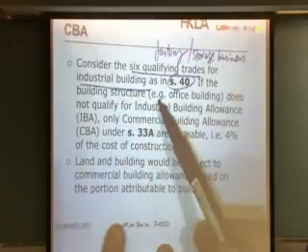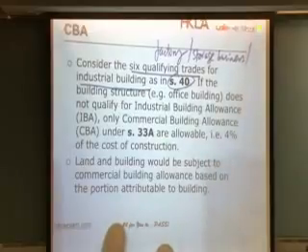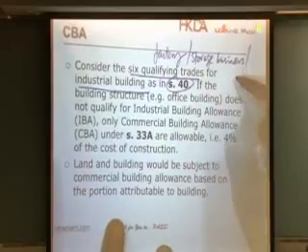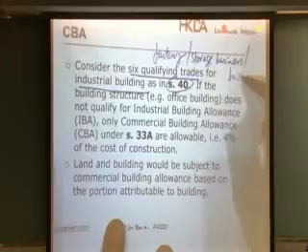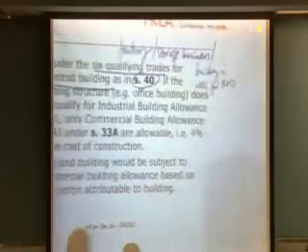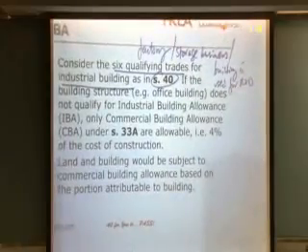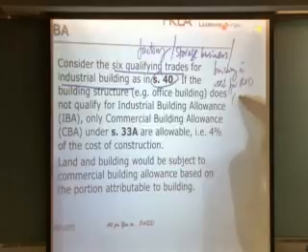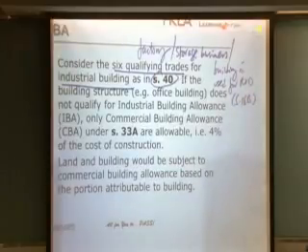And the last one normally will be examined is that the building is used for R&D purpose, research and development, according to section 16B. Such building will be classified as industrial building, and you can claim building allowance based on industrial building rules.